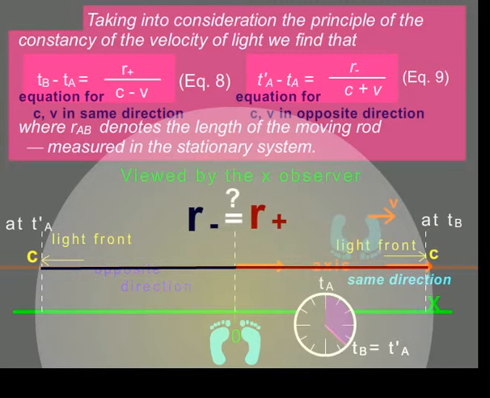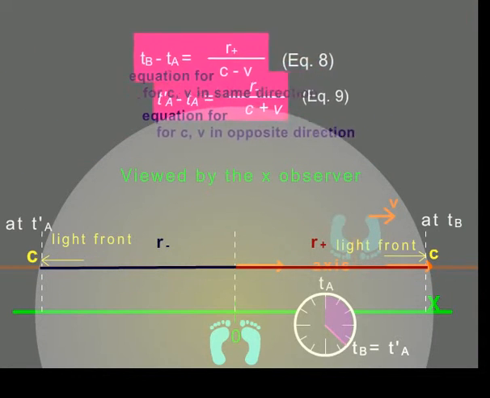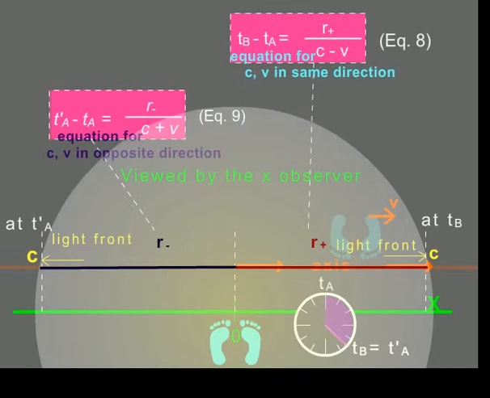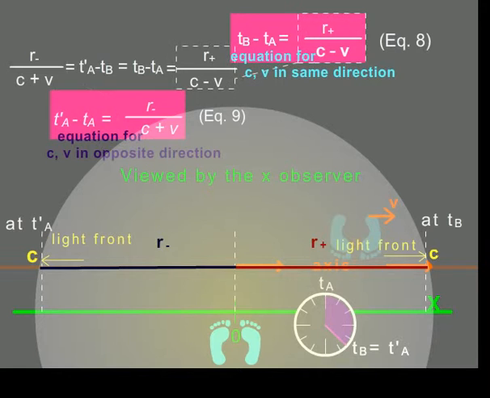For the movement in the opposite direction, he will obtain a distance r minus, and the corresponding traveling time for the light is as shown by equation number 9. Subsequently, this observer must come to equation number 11.